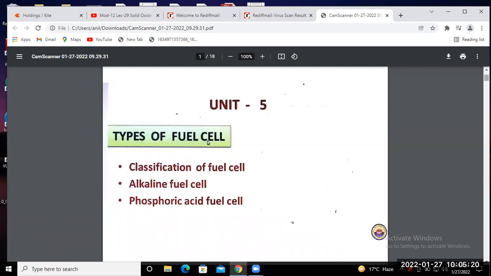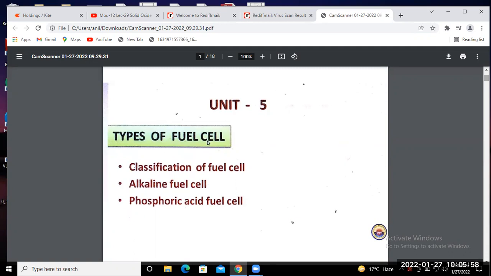Under this, we discuss the classification of fuel cell, the alkaline fuel cell, and the phosphoric acid fuel cell. So we will see here one by one what the various classifications of fuel cell are, and their explanation.